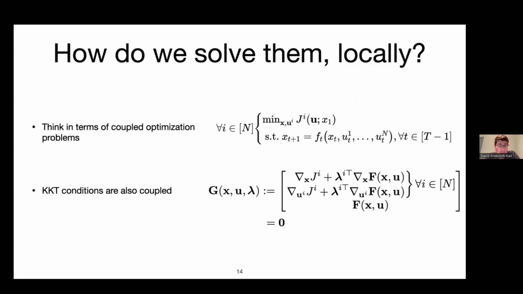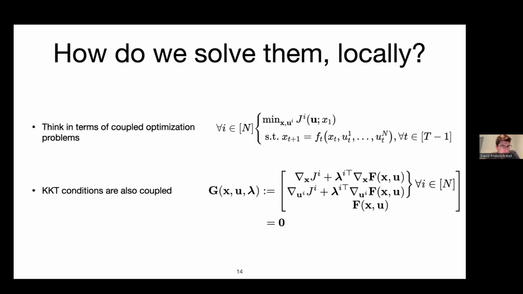There are no inequality constraints in the problem the way I wrote it, so we don't have to worry about complementary slackness. All the KKT conditions boil down to a big nonlinear system of equations: some function of the primal variables x and u and the dual variable lambda must equal 0.